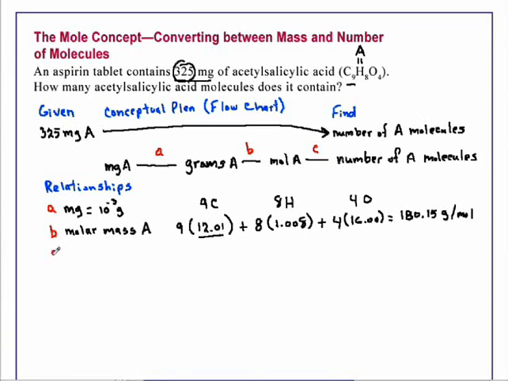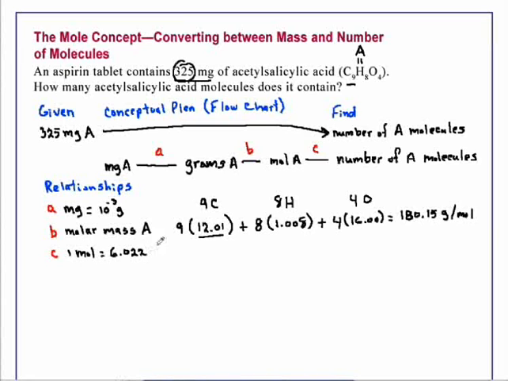Now relationship C is Avogadro's number. That is, in 1 mole of anything, we have Avogadro's number, which is 6.02.